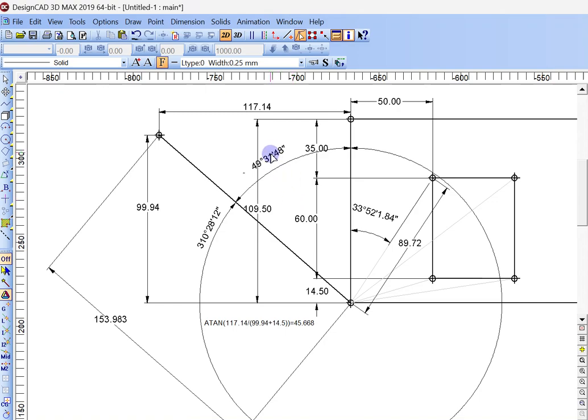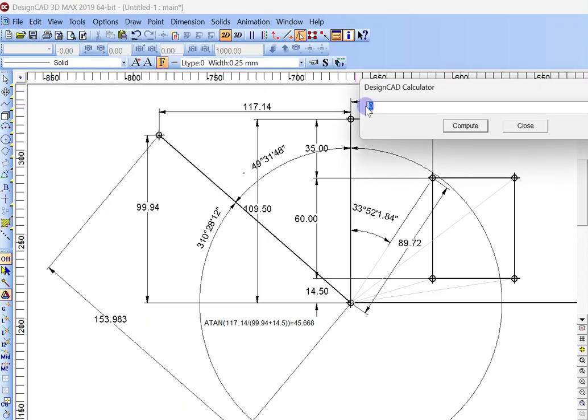You actually have to do the math each time. And then so your down and out here would be overall is 99.94. So tools, calculator. You gotta say arctangent, ATAN, and then it's 117.14 divided by 99.94.